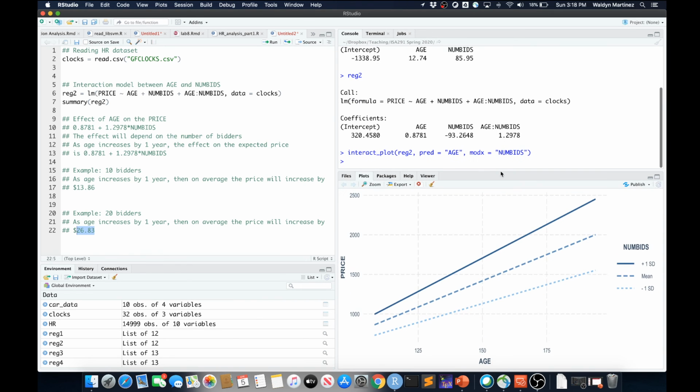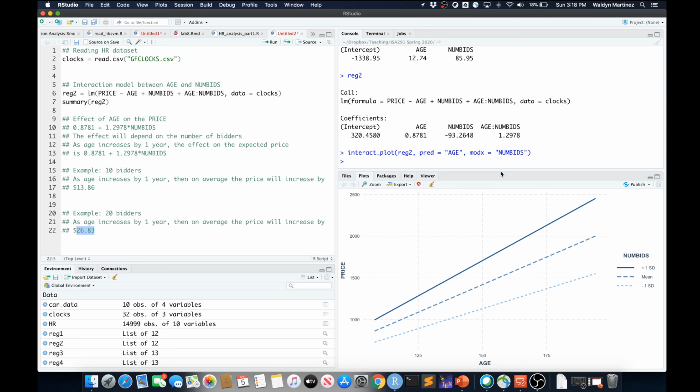Okay, so let me just read it so that you can see the way that this particular package works. It actually takes the number of bidders and takes the mean, plus one and minus one standard deviation.